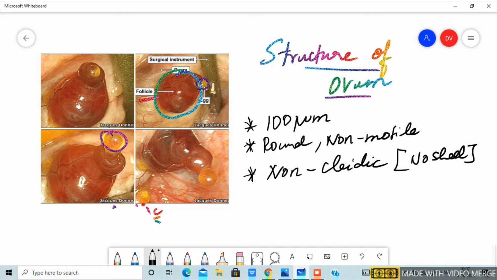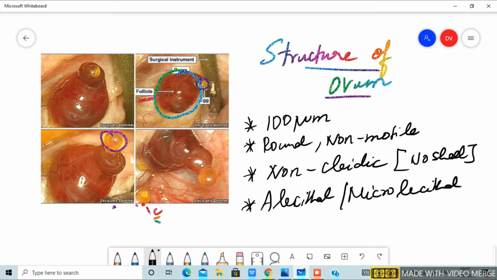And then they are alecithal or microlecithal. What is this? Lecithal means yolk. If you see the chicken egg, you can see a very big yolk inside the egg, which supplies the nutrients for the growth of the chick.